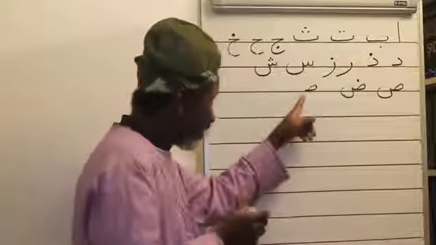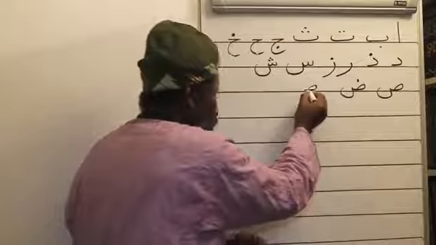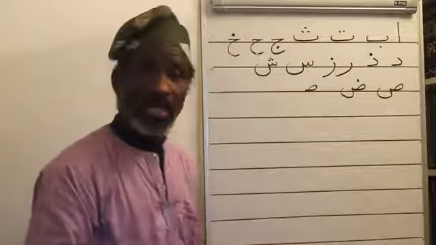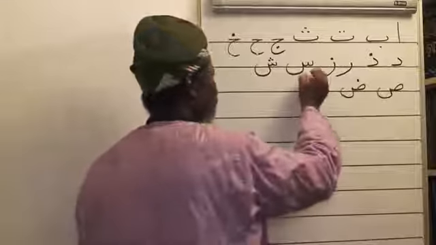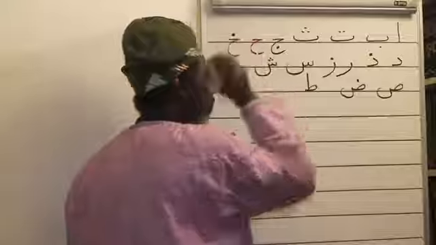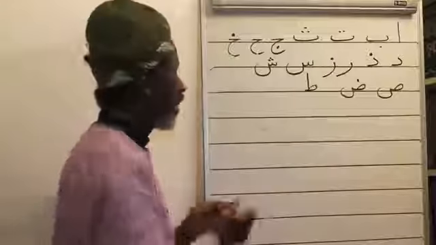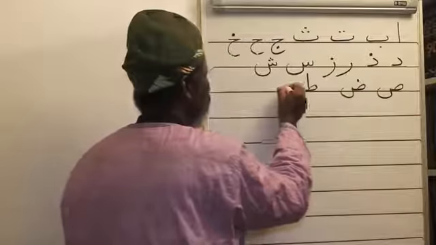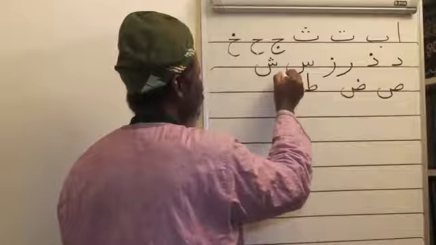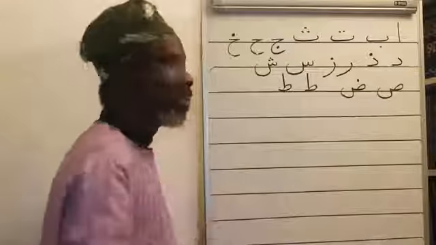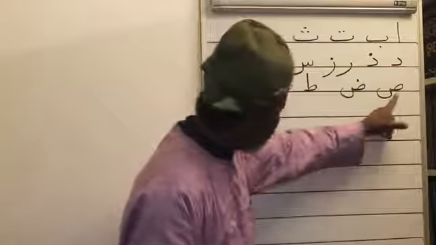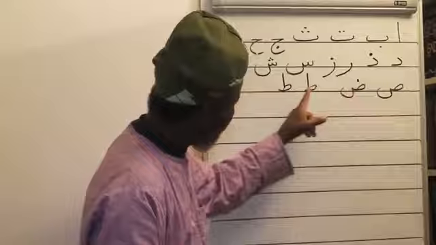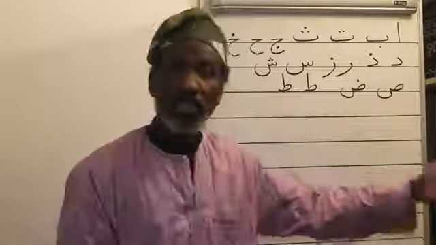But in this family, no tails. Instead, we have a line coming from top down. Next one in the family, the same shape. And then down. You can see the base and the base and the base, they're the same.